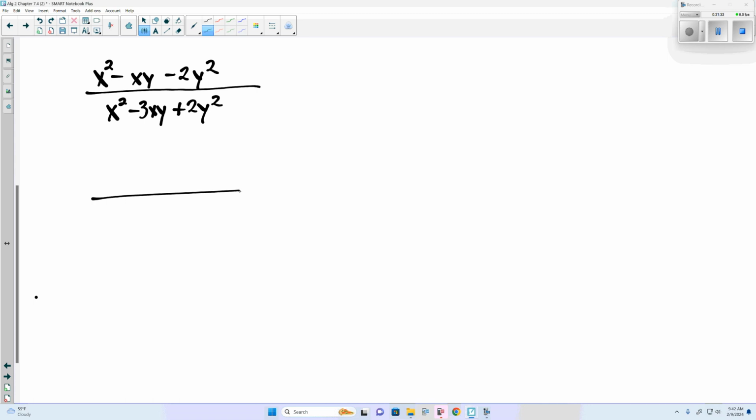Because when we look at the numerator, no greatest common factor, so we have two sets of parentheses with three spaces, yes? If the third term, not constant term, if the third term is positive, the signs are the same and match the sign of the middle term. If the third term is negative, the signs are opposite, yes? Third term is negative 2y squared, so since it's negative, signs are opposite.